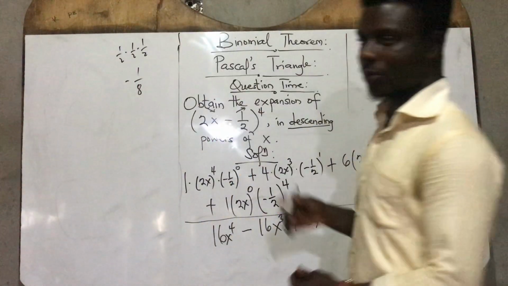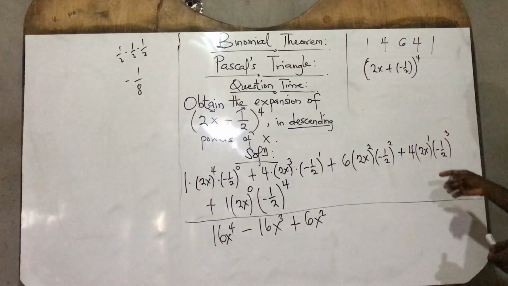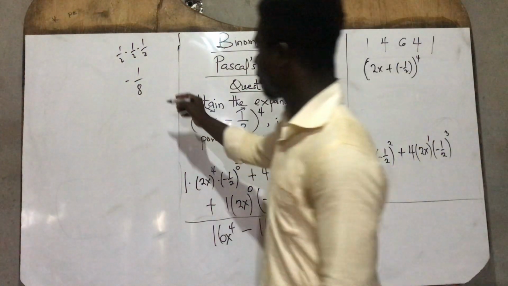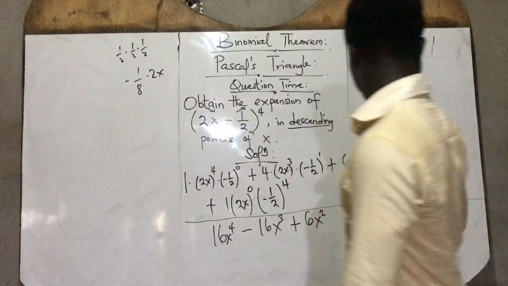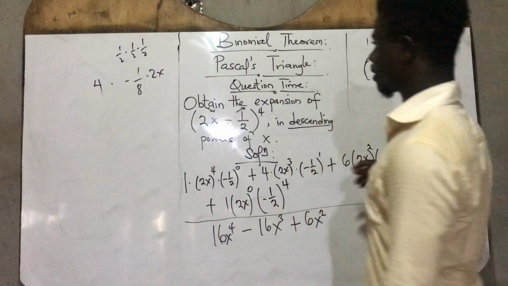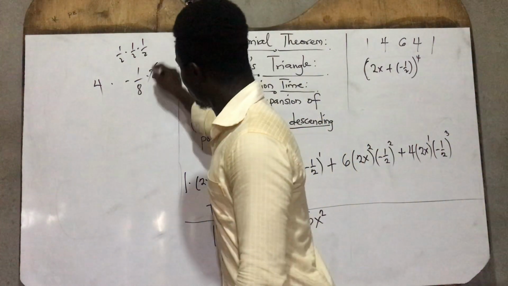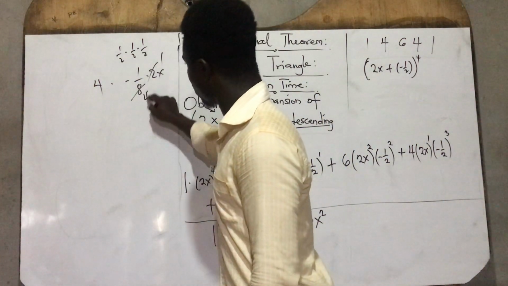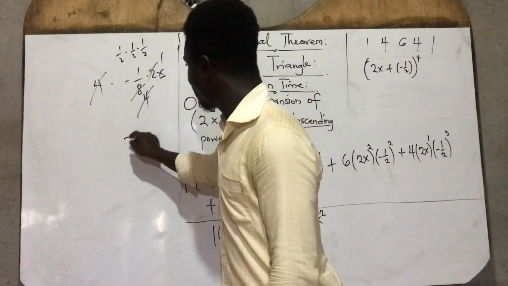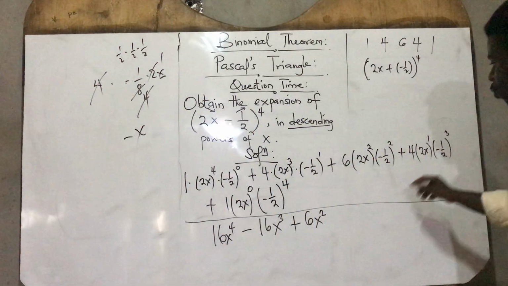My negative is still there, right? Then times this 2. 2x all to the power 1 is still 2x, right? Then times 4. So now here, 2 here, 1 into 8 is 4. 4 cancel this 4, right? So it's left with negative x. So I have negative x, right?